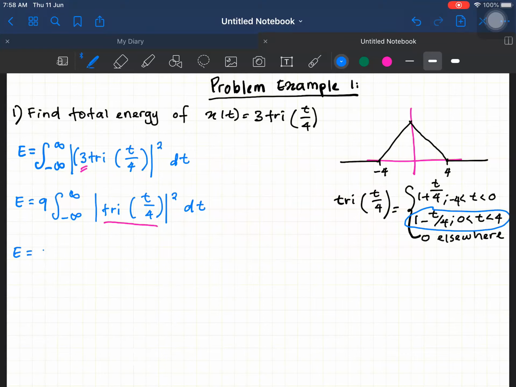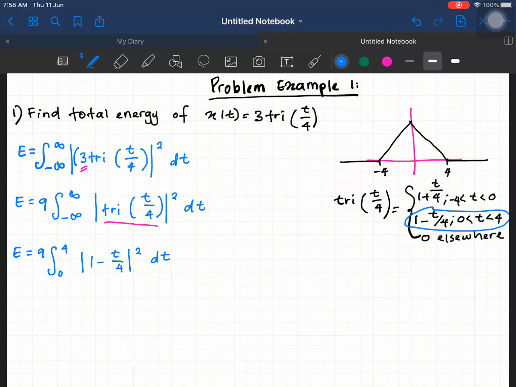You have E equals 9, the time range is from 0 to 4, and it will be 1 minus t over 4 squared dt.